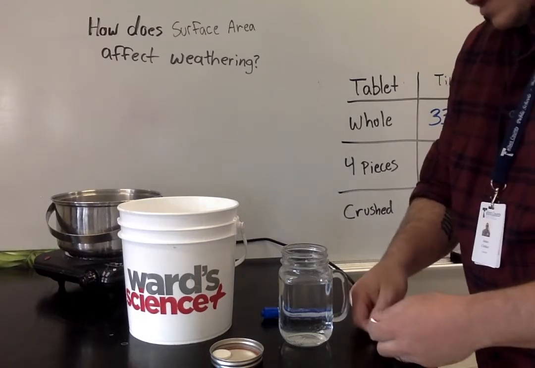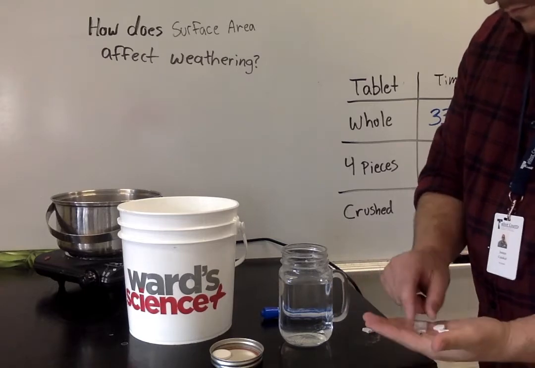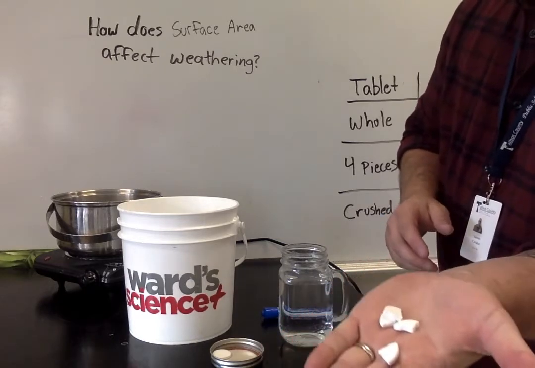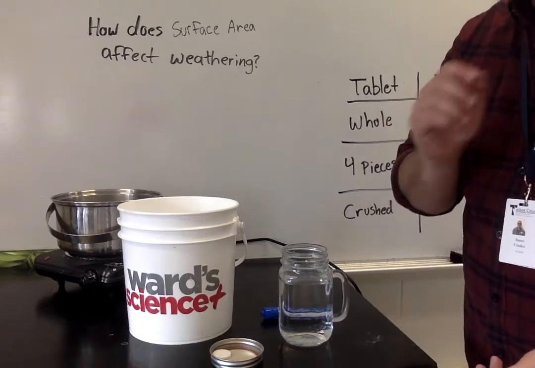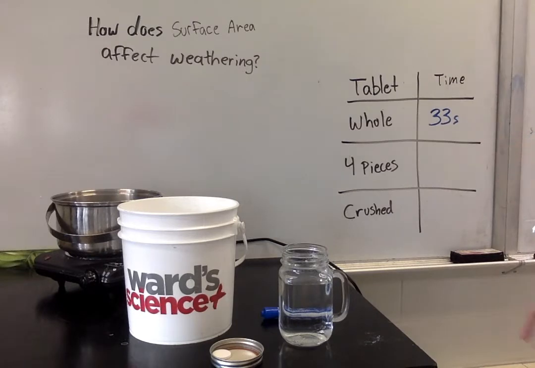So we'll just break in half. There we go. And as you see, we have 4 pieces. So we're going to drop all 4 in at once and then record our time again on our table.